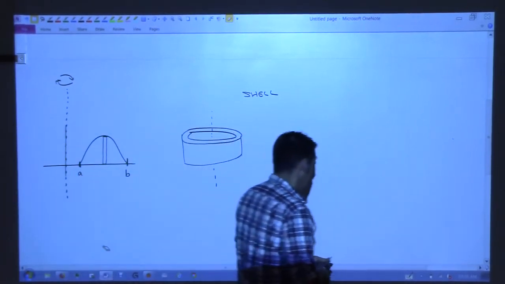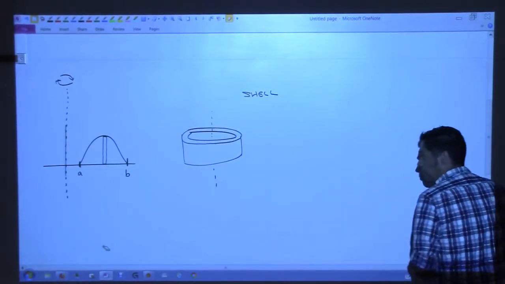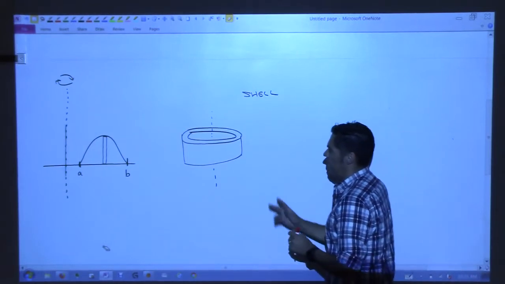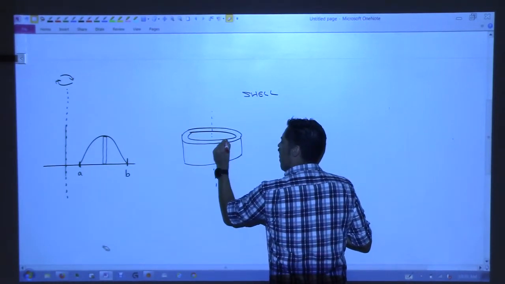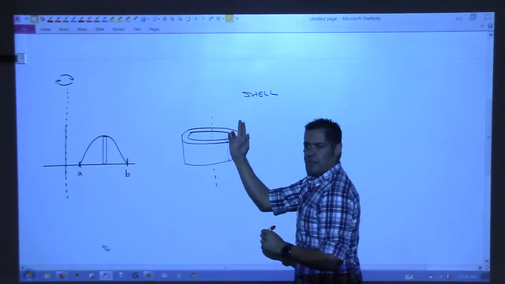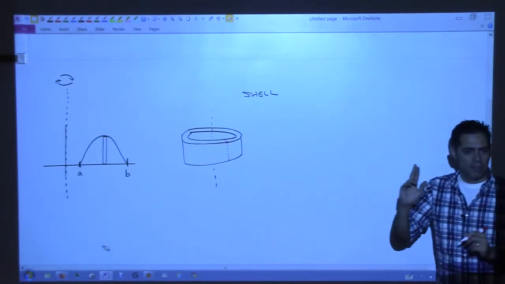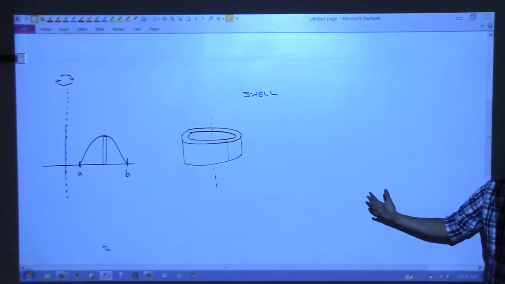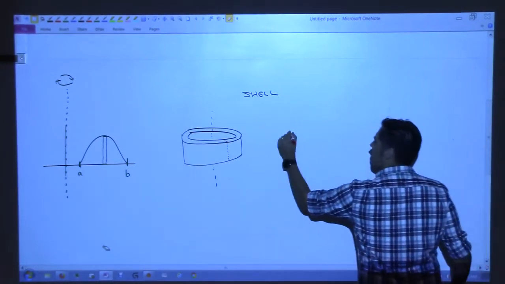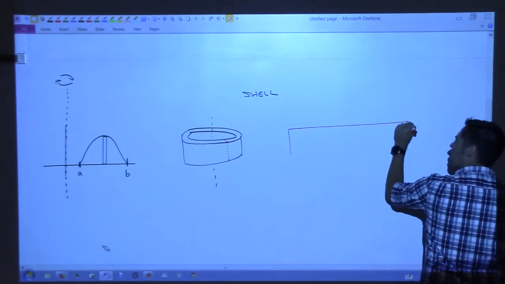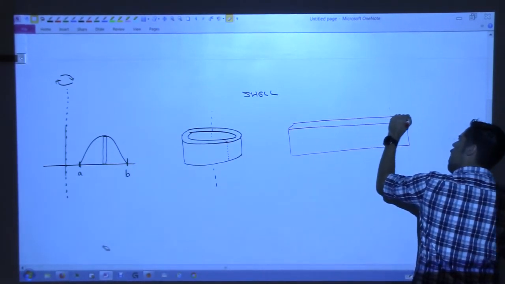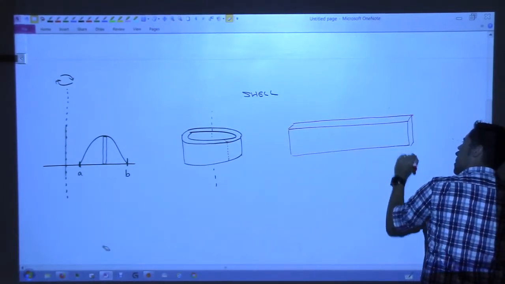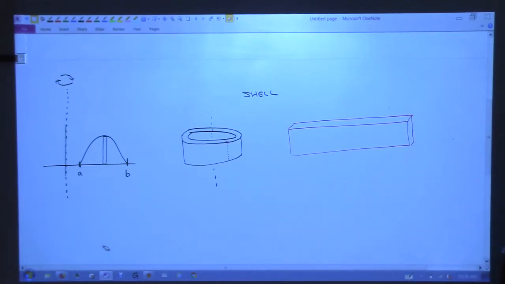So how do we get this formula? Well, here's what we do. We come in here with this magic pair of scissors, and we cut this thing, okay? I'm going to cut it, I'm going to roll it, and I'm going to lay it out flat. And when I do that, it's just like this three-dimensional slab or something, right?